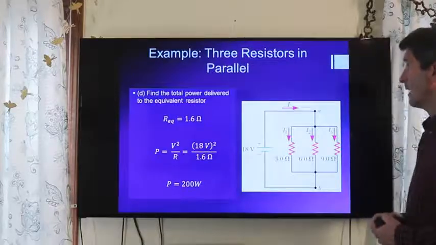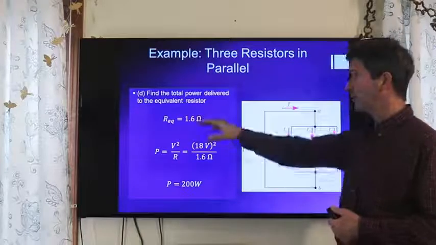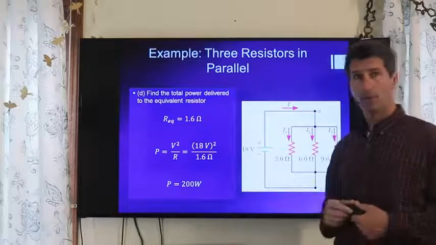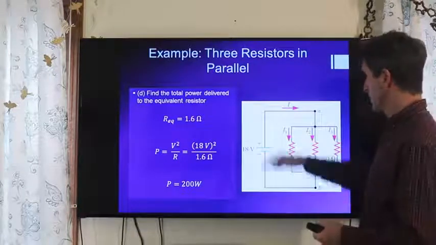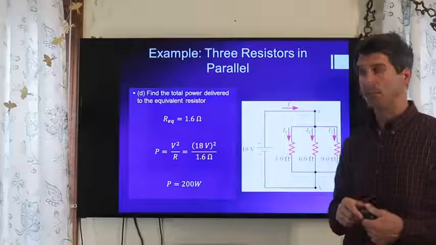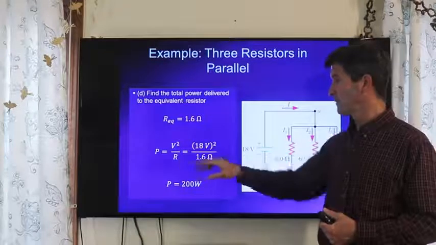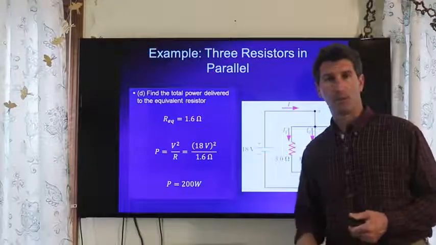Last one, find the total power delivered for the equivalent resistor. Again, our equivalent resistance was 1.6 ohms. I'll put that into my power equation. Power is equal to current times voltage. I could have used the current that I found originally, or I can just use the 18 volts, divide that by the equivalent resistance, and you get 200 watts.